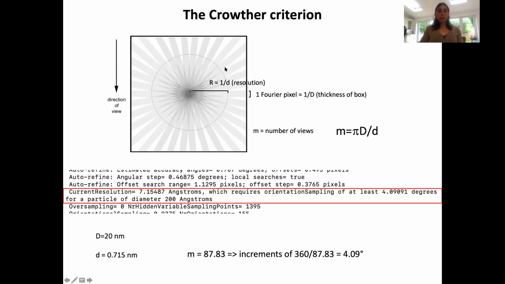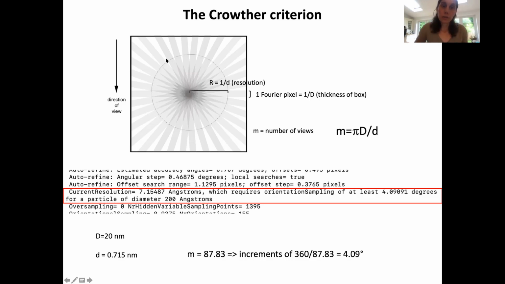Another thing I want to mention, which is very well understood in Fourier space, is the Crowther criterion, which can be used as a measurement of resolution given a certain sampling of Fourier space. Let me rephrase this. When we do a reconstruction from projections, we have the projections sampled from each other in a certain way.